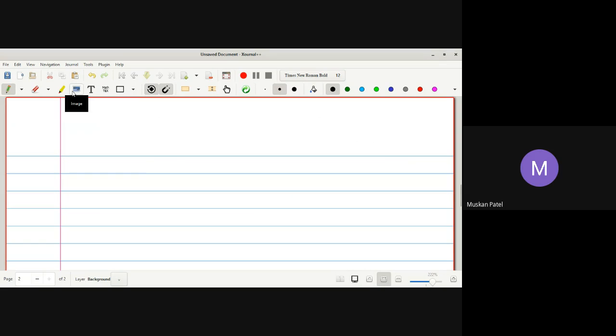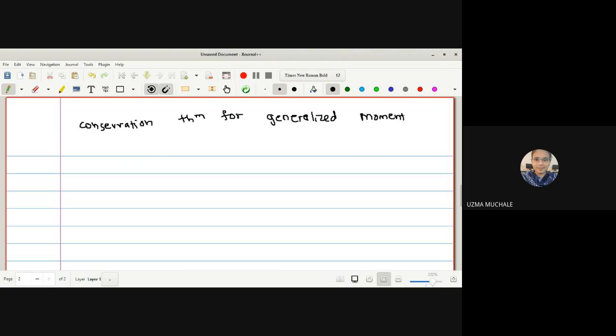No, ma'am. Now let us go for the next theorem, the conservation theorem for the generalized momentum. Let us see what the conservation theorem is for generalized momentum.